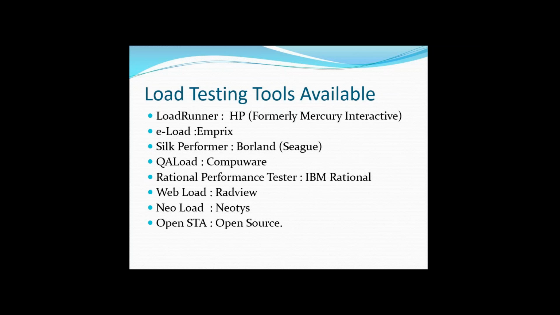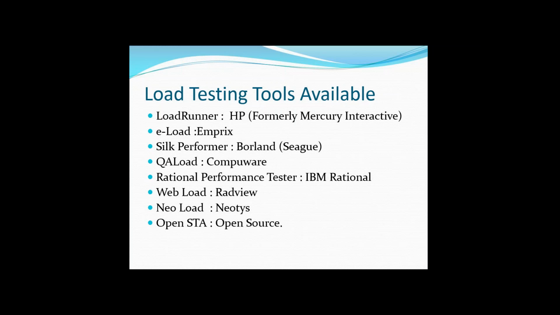We have the same IBM in functional testing, RFT. Silk Performer is from Borland, which is a non-functional tool again. In functional testing, we have Silk Test. We have different tools like eLoad from Empirix.